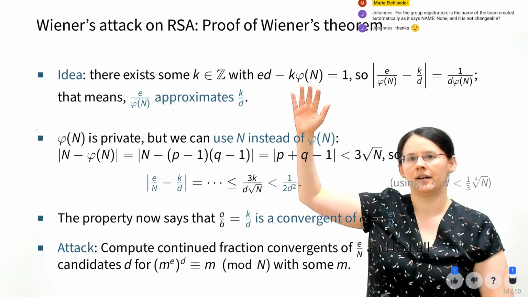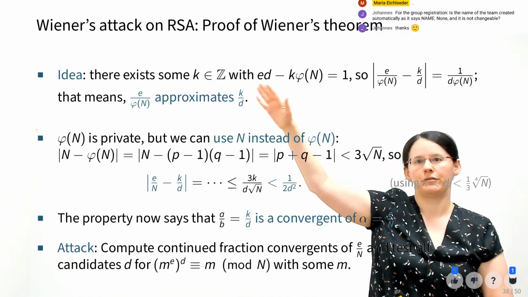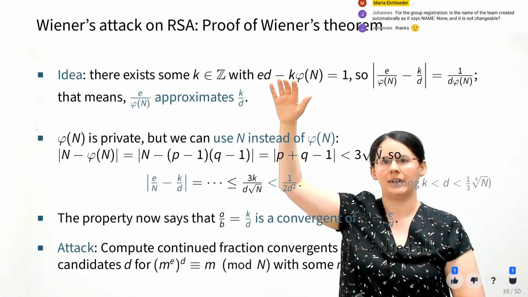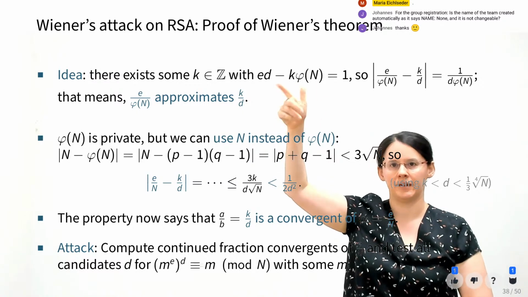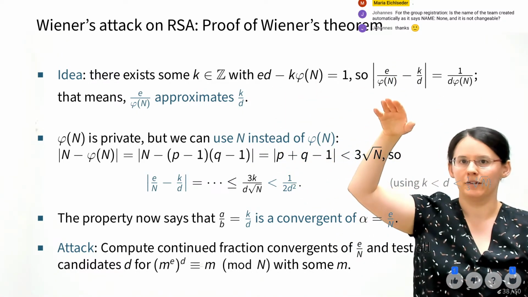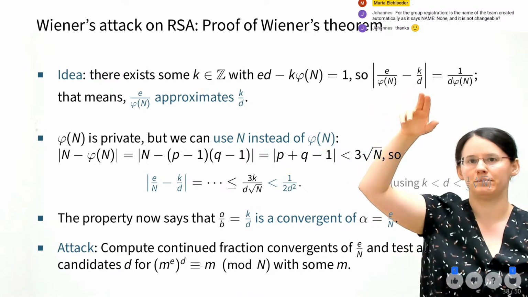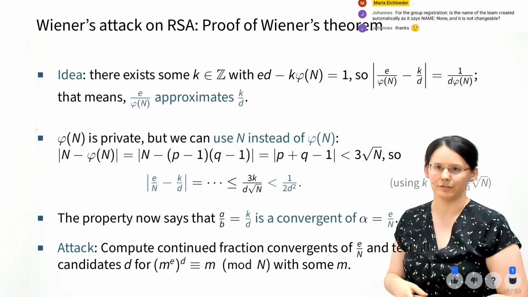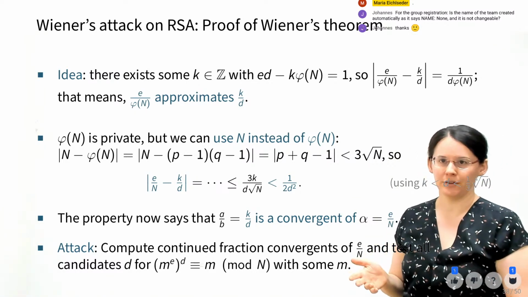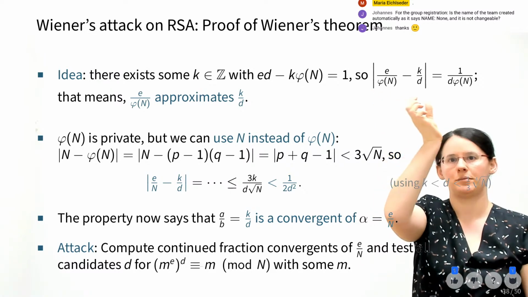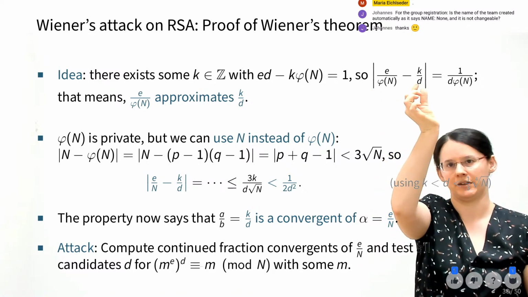And now we can rephrase this equation a bit. We can divide both sides of this equation by d and by phi of n. Then we get that e divided by phi of n minus k divided by d equals 1 divided by d times phi of n. So in other words, this value here is an approximation of this value here.